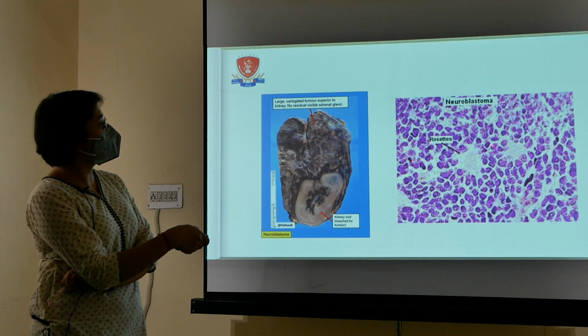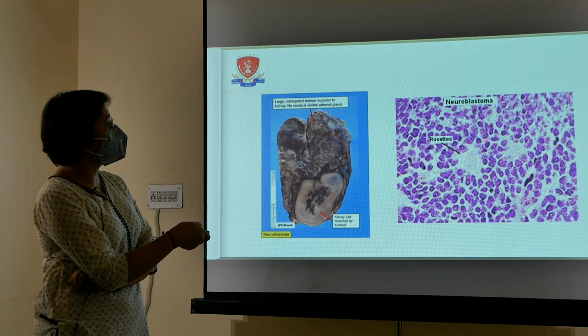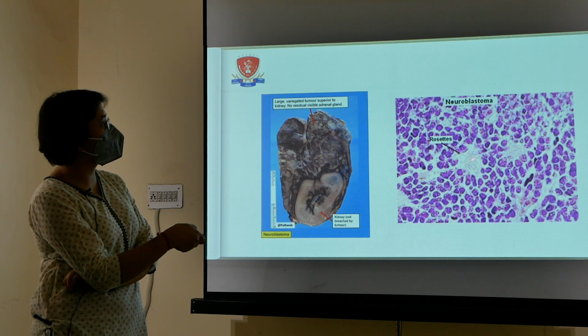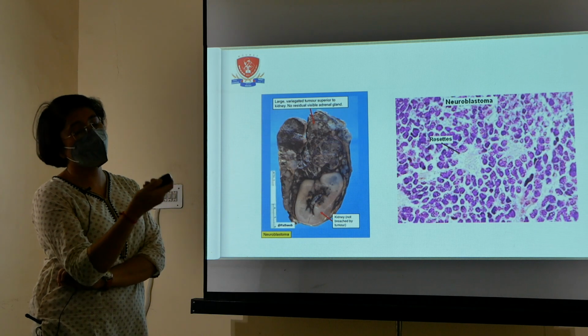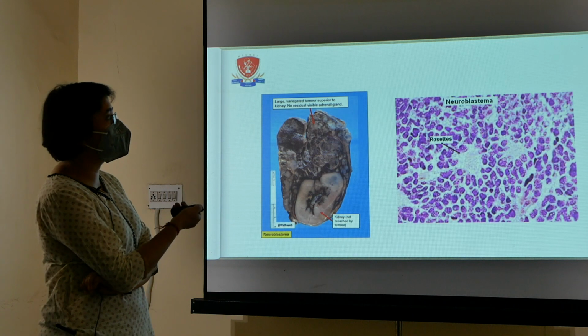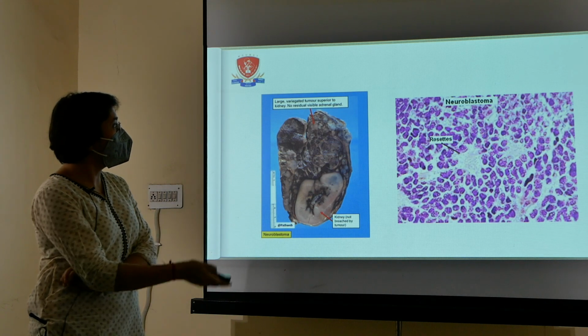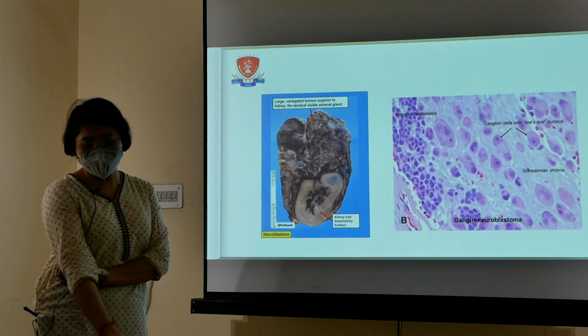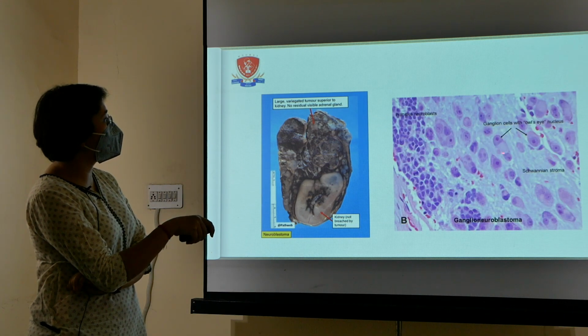So this entire thing is called a true rosette. A true rosette is formed by cells around, with neuropil inside. The name of such rosettes, for example, is Homer Wright rosettes, which are most commonly seen in neuroblastoma. Now there is one more image. Yeah, so I was talking about the ganglion cells.